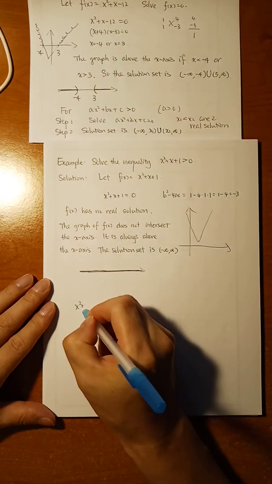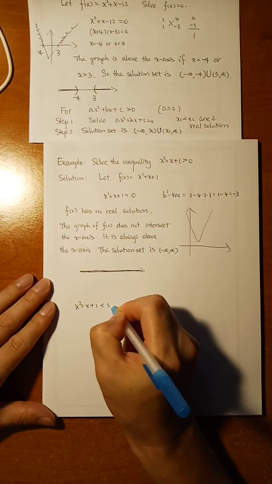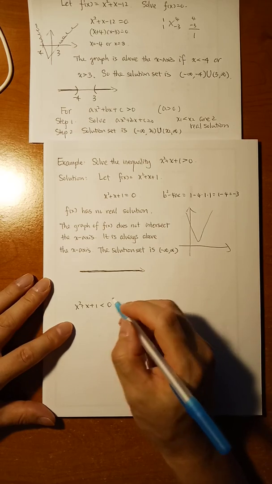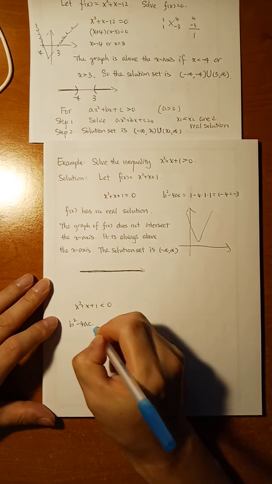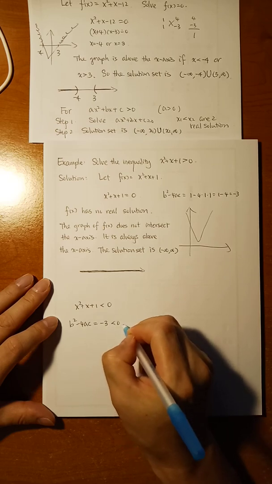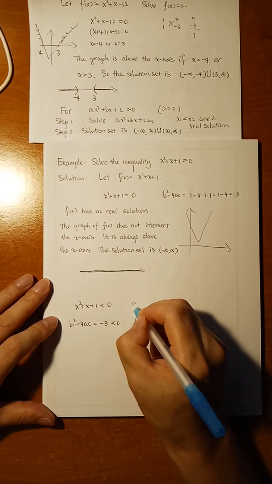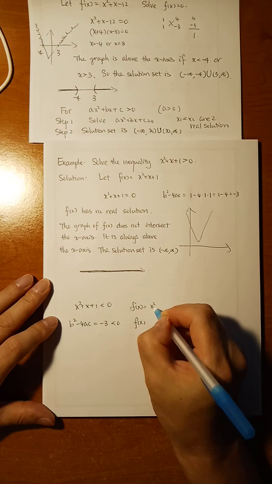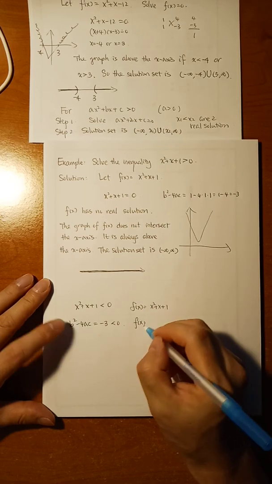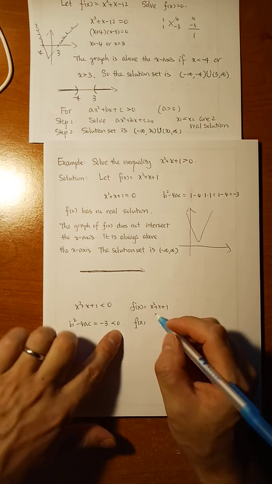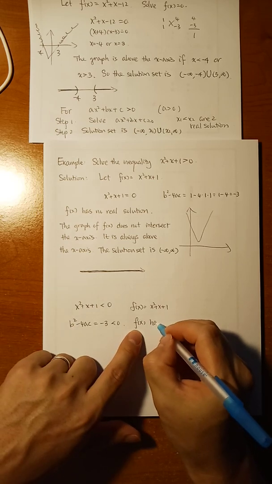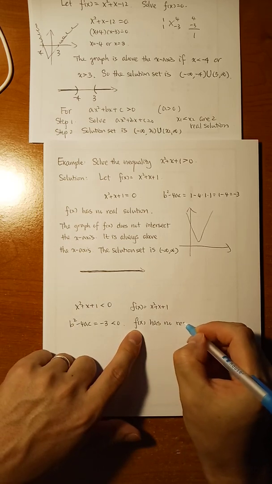Then if they ask you what is the solution set of x squared plus x plus 1 less than 0, because b squared minus 4ac is negative 3, less than 0, f(x) has no real solutions.